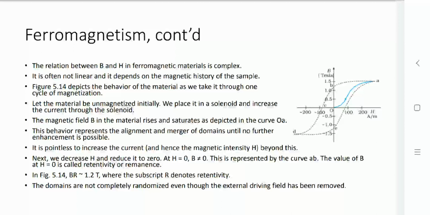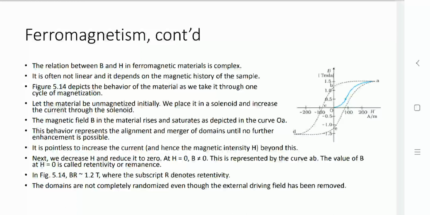Now, if that external field is removed, that magnetic intensity H is removed, the magnetic field is not zero. At zero value of H, the magnetic field is still available and slightly reduced, and the graph is shown from A to B. And that magnetic field at zero H is 1.2 Tesla.